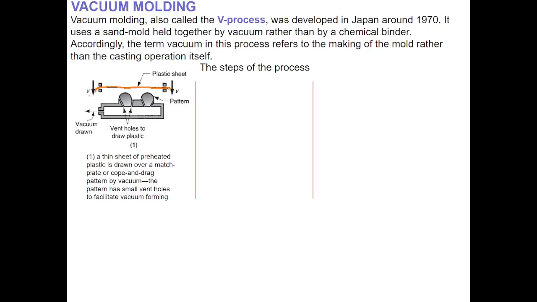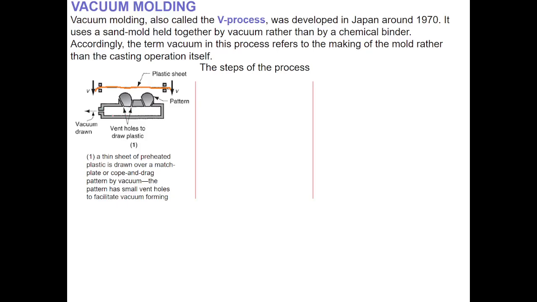In the technology, we use a plastic sheet. When we say vacuum, we mean the pressure is less than the atmospheric pressure. We do not mean absolute vacuum. We create a vacuum here.